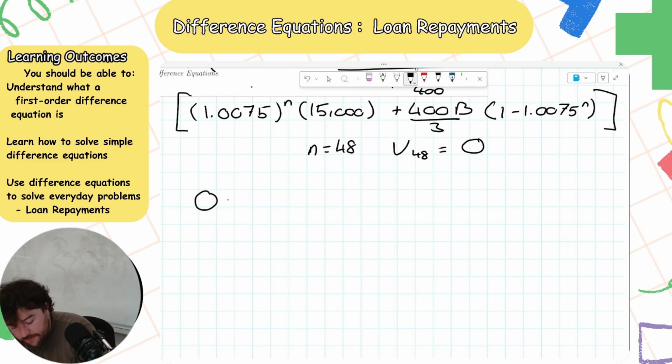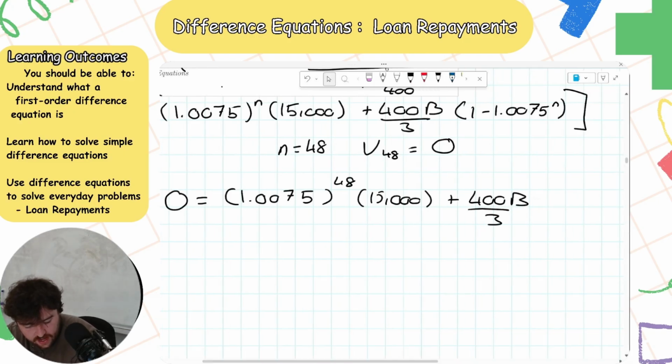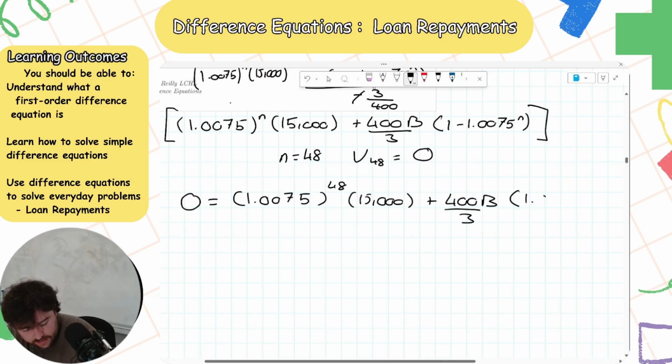So 0 is equal to 1.0075 to the power 48 times 15,000 plus 400B over 3 times 1 minus 1.0075 to the n, where n in this case is 48.